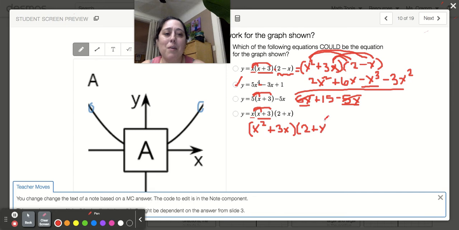So I wonder if that will give me the same, I wonder if that will be an x to the third. Okay. Oh, and I forgot this is a negative x to the third. So I think, yeah, that would start up here and end down here.